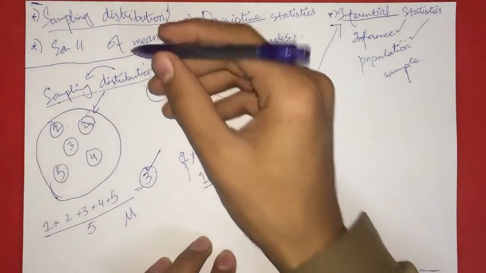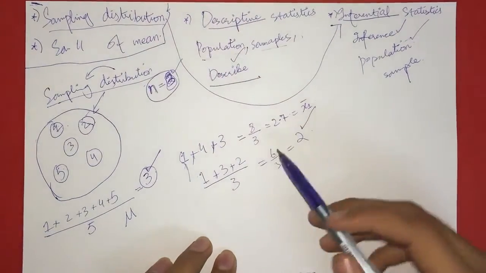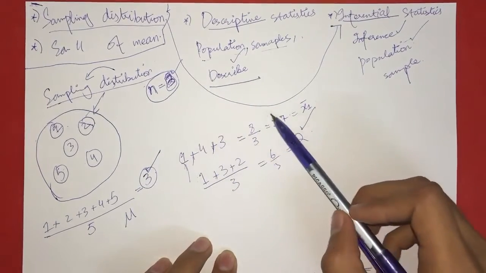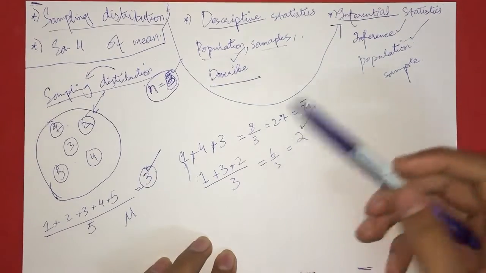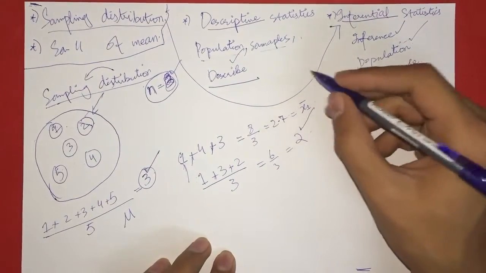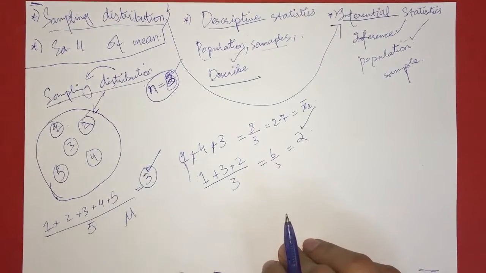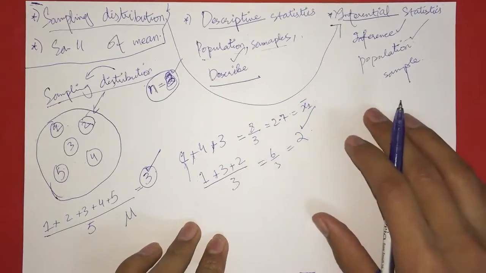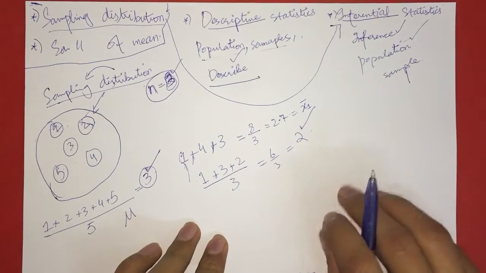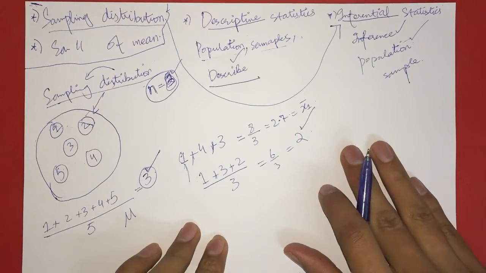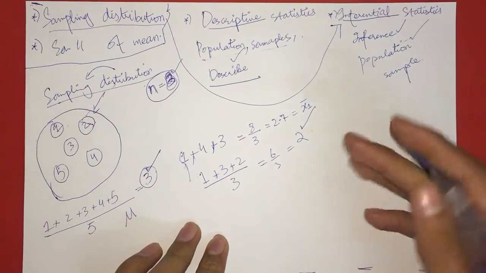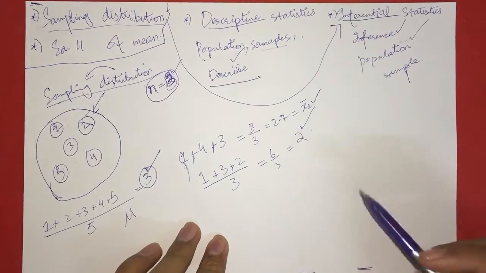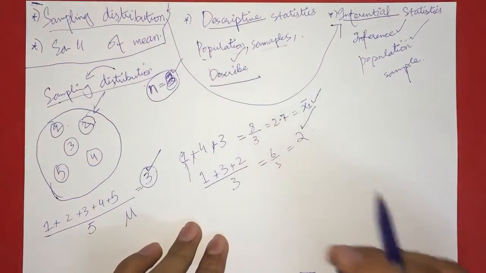So let's now discuss, as I stated, that when you take out all the samples of size 3 from this population, you're eventually going to get all of the sample means of all these samples. At the end, you take an average, or you distribute that sample mean, and eventually what you're going to get is your population mean.